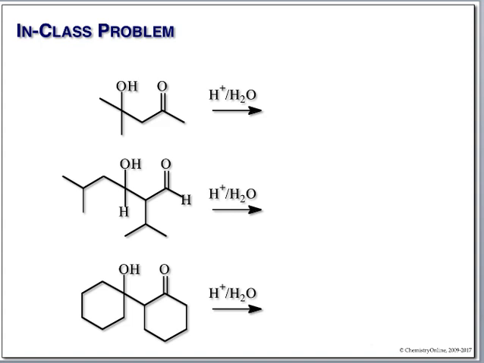Remember, all we're going to do is remove a proton from the alpha hydrogen. The OH group is going to leave as water. Going to make a double bond through here.